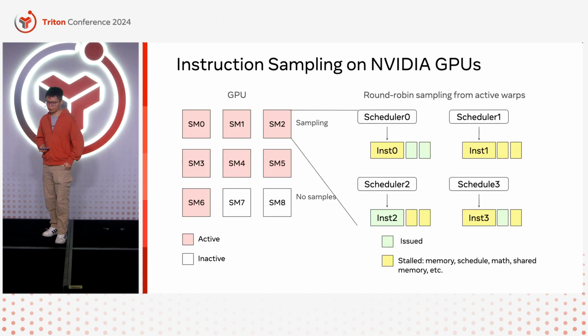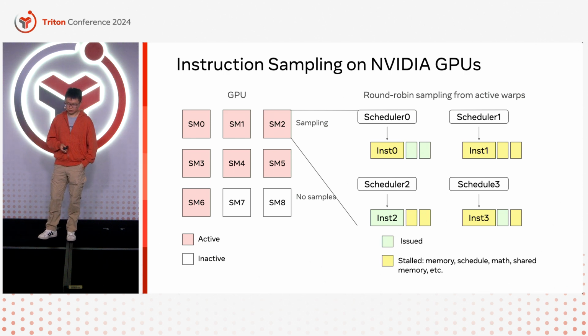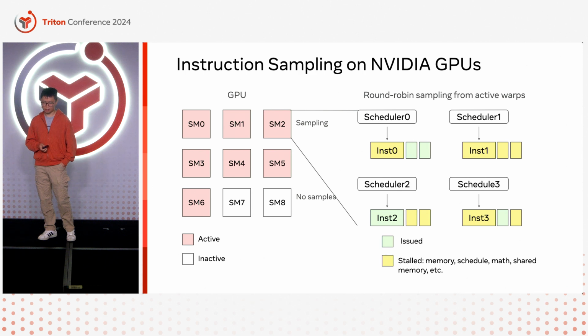Here's another diagram that probably gives you a better sense of how instruction sampling works. Suppose we have a Triton kernel that takes 7 out of 9 streaming multiprocessors on a GPU. Instruction sampling is going to work only on these 7 active streaming multiprocessors. It's going to sample an instruction on every streaming multiprocessor every n cycles.